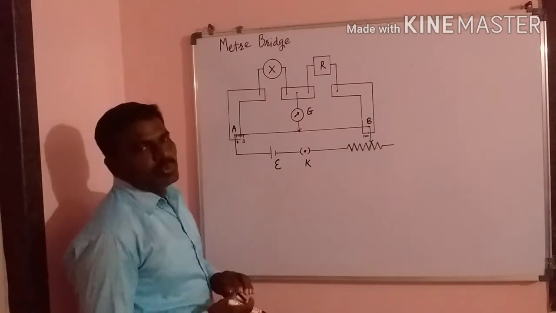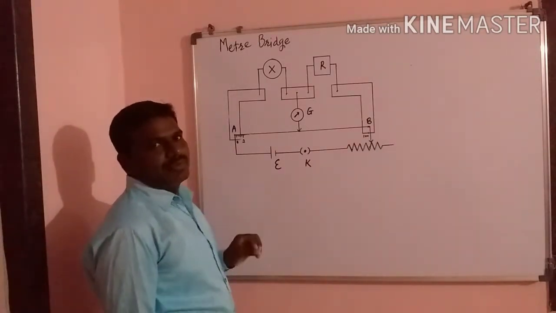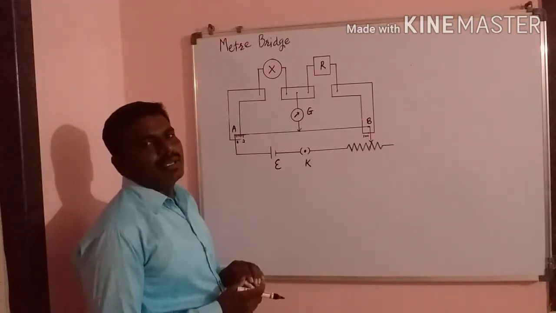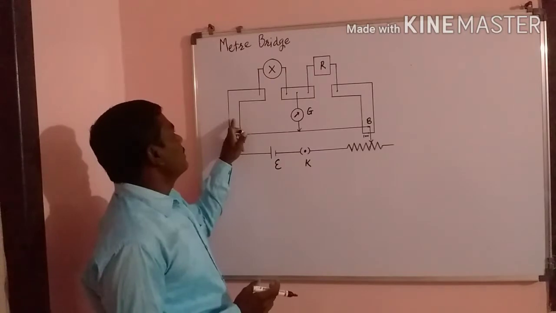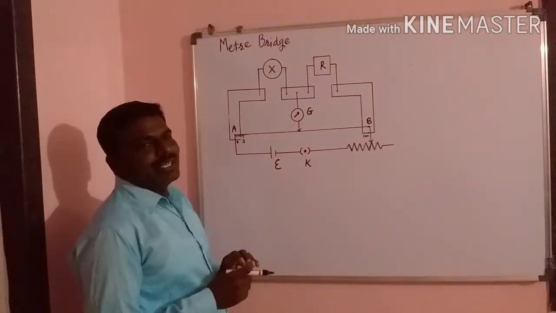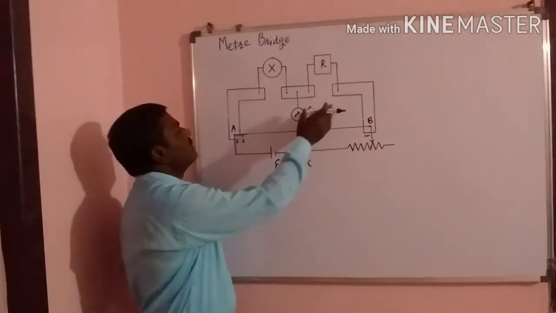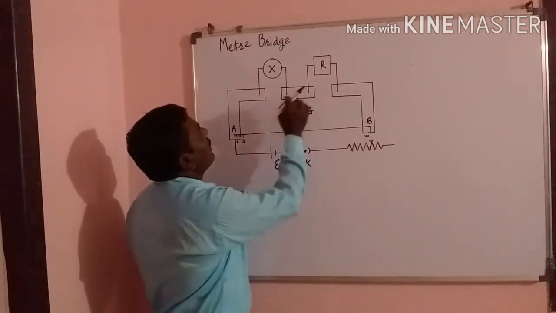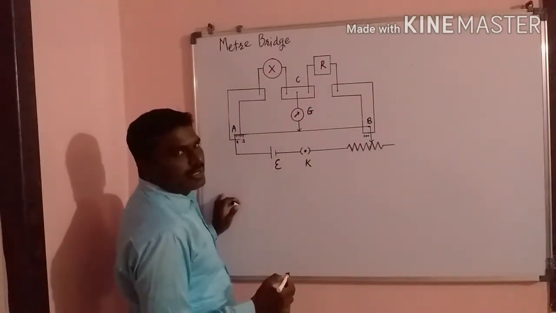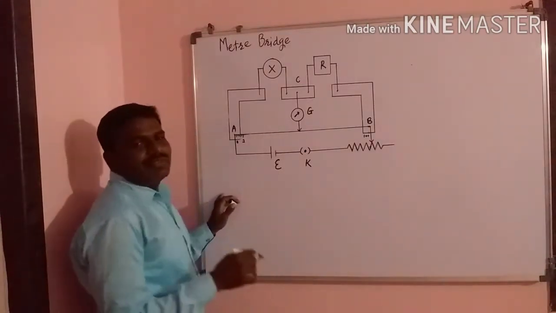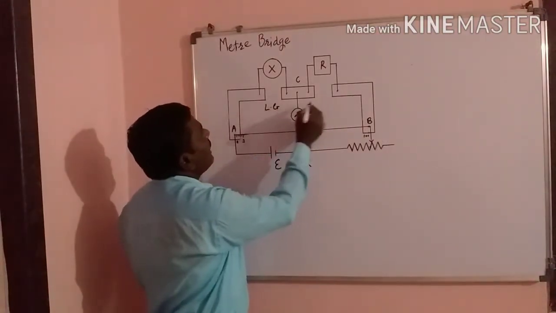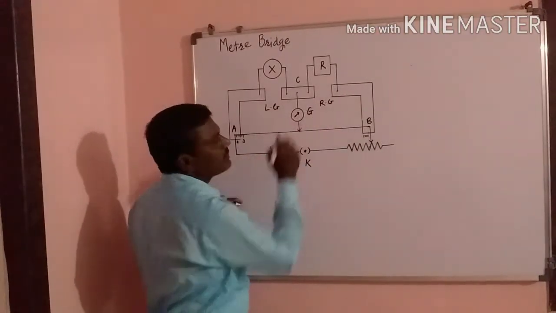There are two L-shaped strips which are fixed on the wooden table. A single strip is fixed between these two L-shaped strips, and that single strip has a point C. The strip is kept in such a way that there are two gaps, the left gap and the right gap.